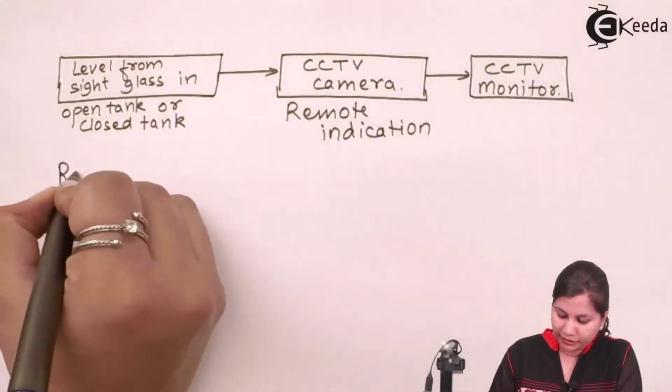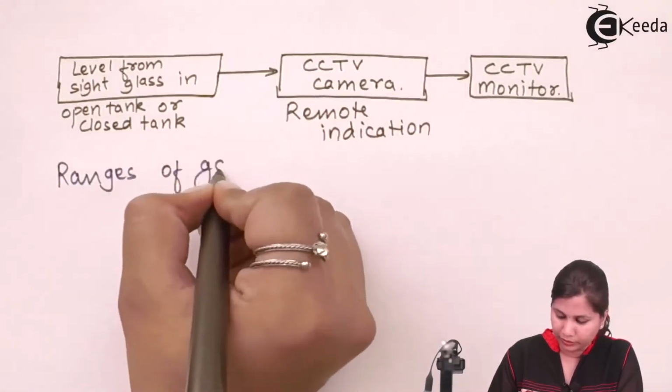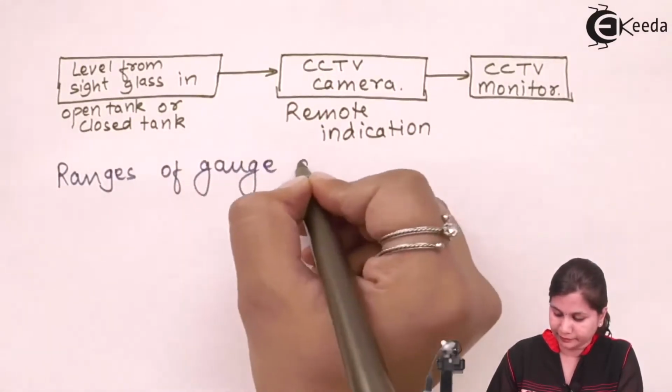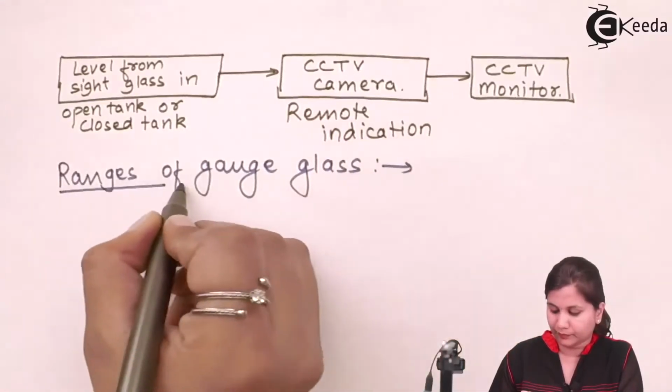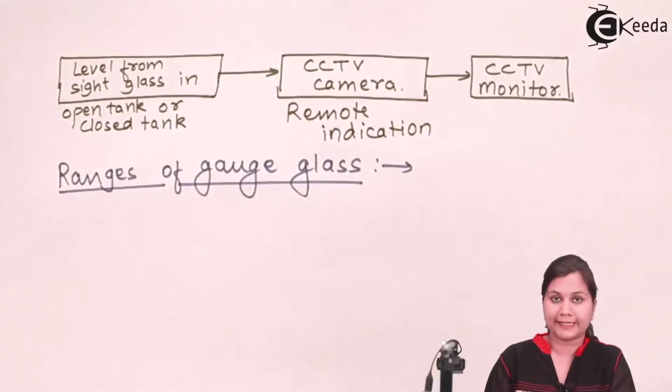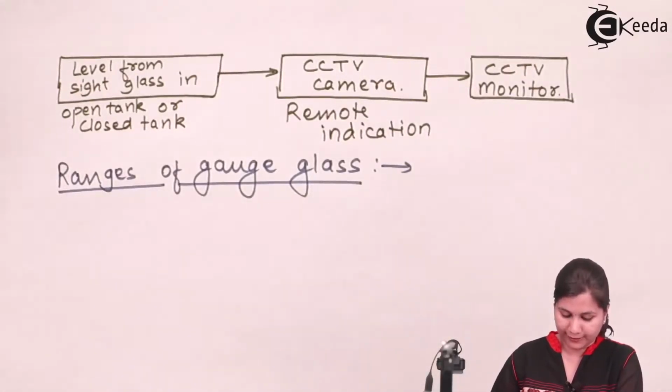Now let us see the range of the gauge glasses. This method is also known as the gauge glass method. So let us see the ranges of the gauge glass.